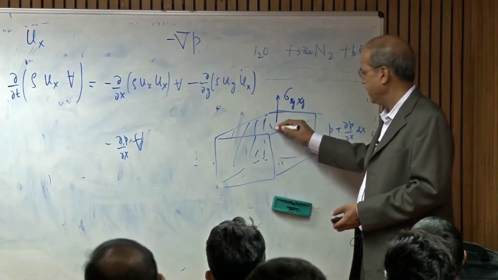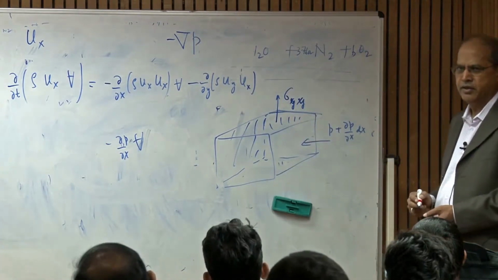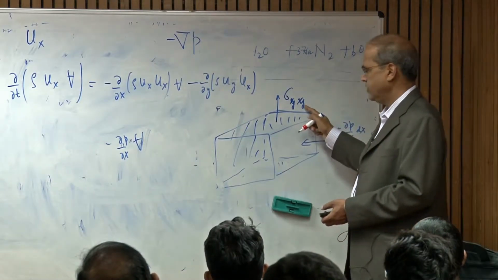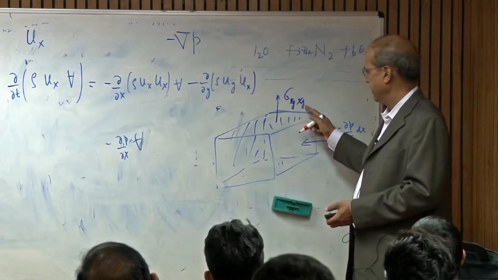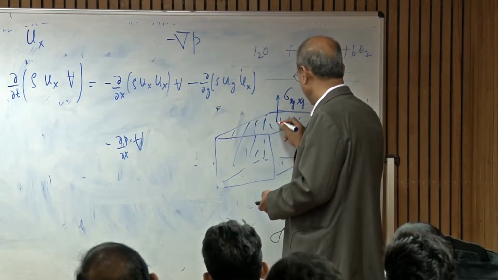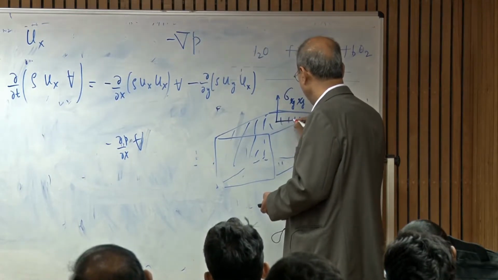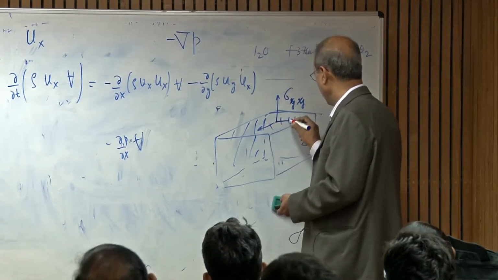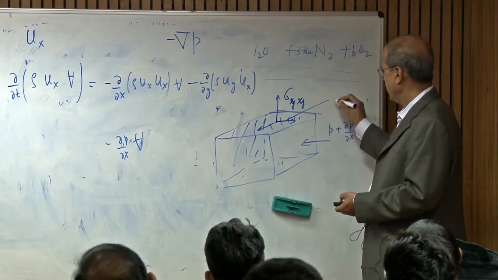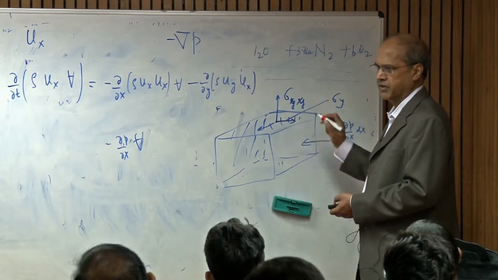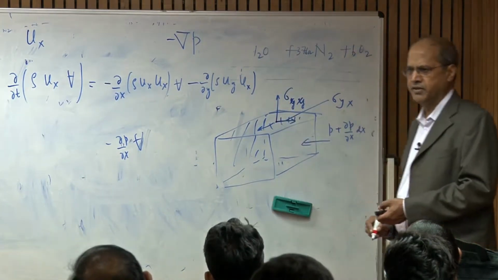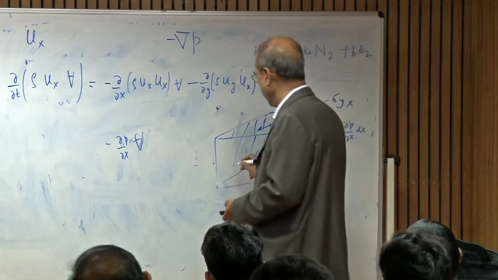So this is the y area of the top area, because the perpendicular to this area is in the y direction. So this is the y area, and this is the direction of the stress. Then you have the viscous shear stresses. One will be this direction, other one will be this direction. The area is the same, so all three will be sigma y. This will be sigma yx, this will be sigma yz. So that is how you write this now.